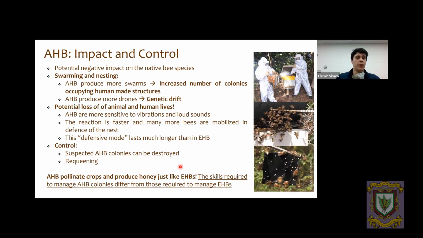And when it comes to beekeepers, a good option would be requeening. If you think that one of your colonies presents this kind of behavior, it's a potential Africanized honeybee, you can replace your queen with a mated European honeybee, and in a short period of time, they will switch back to more European-like behavior.